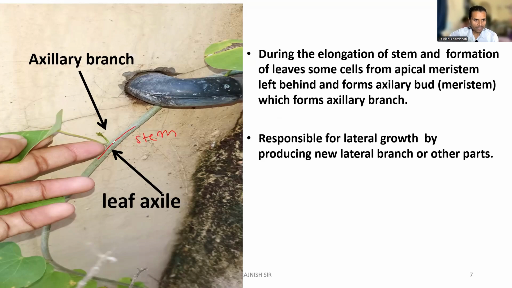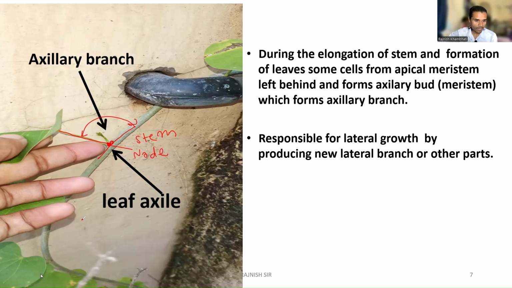And this is a leaf attached to the stem, and this portion is the attachment of the stem. That is known as the node region. At the node region, the leaf is attached, and there is an angle between the leaf petiole and the stem.